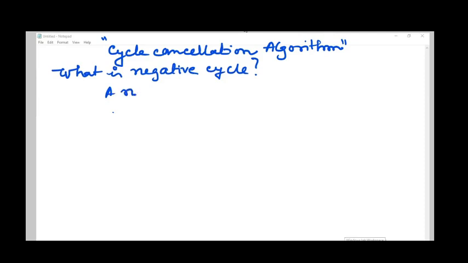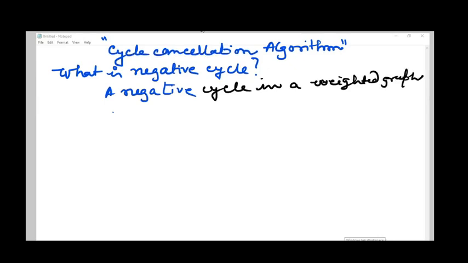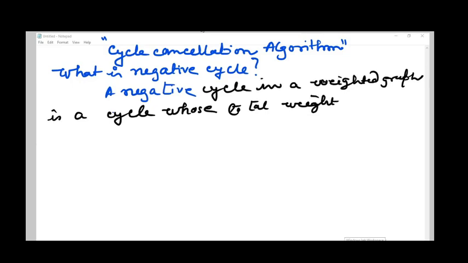A negative cycle in a weighted graph is a cycle whose total weight is negative.